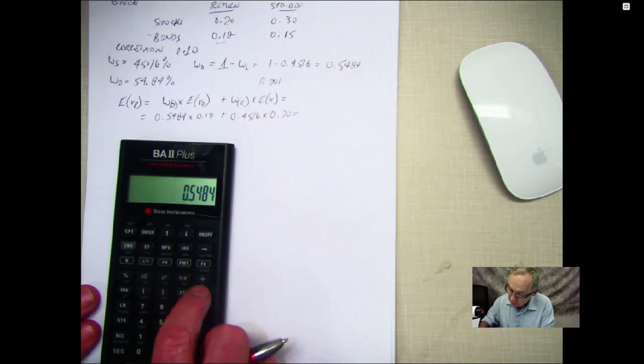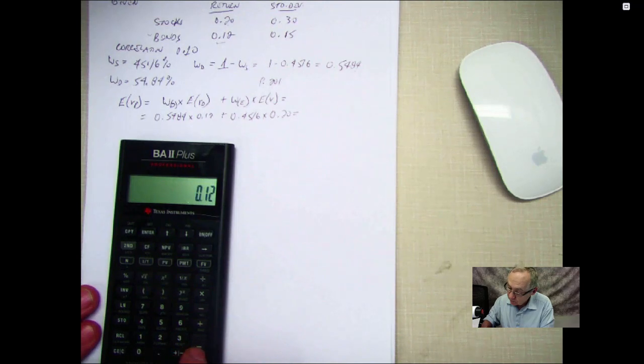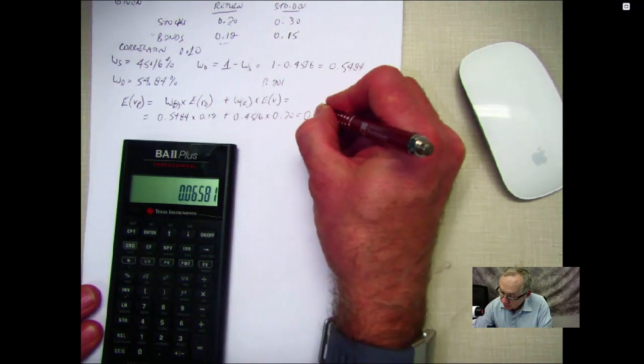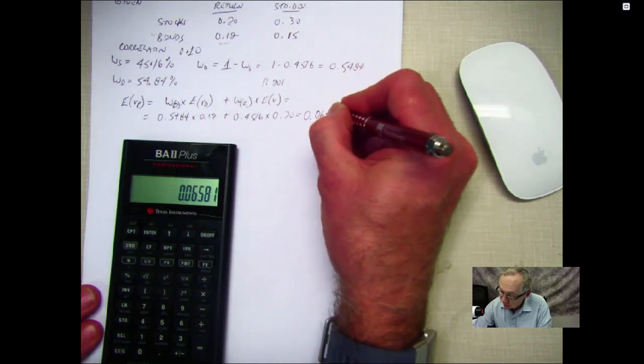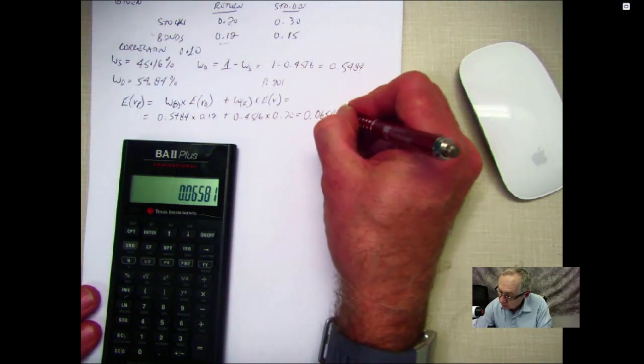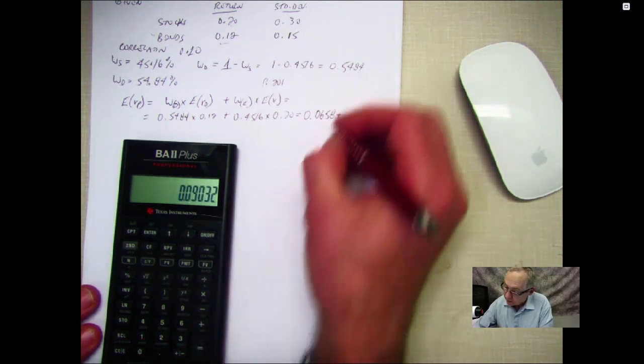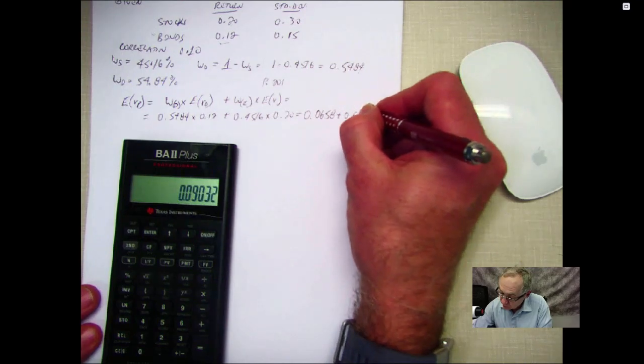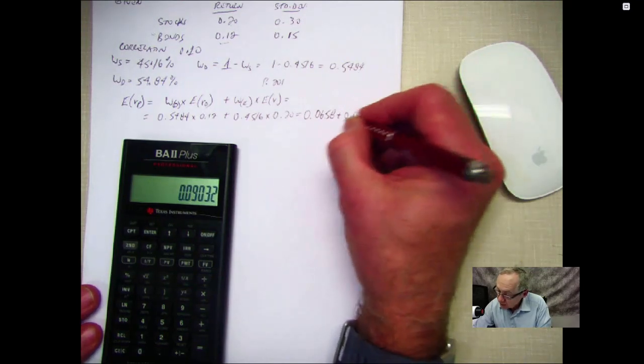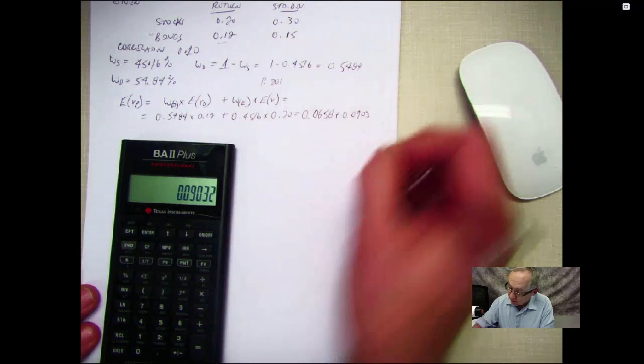0.5484 times 0.12 is 0.0658, and 0.4516 times 0.2 is 0.0903.